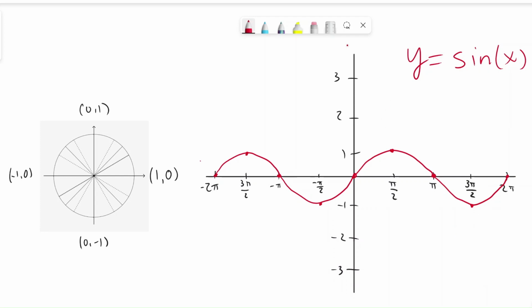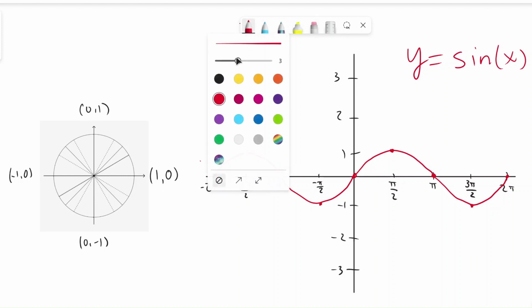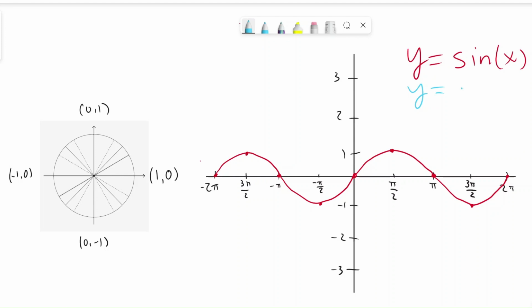So we want to find y equals sine inverse of x. One thing that will help us in doing so is restricting the domain. So what you'll find is that this graph here passes the vertical line test.